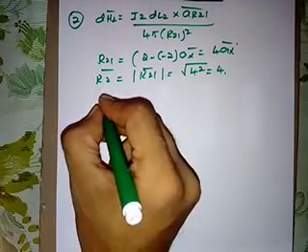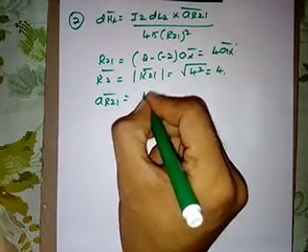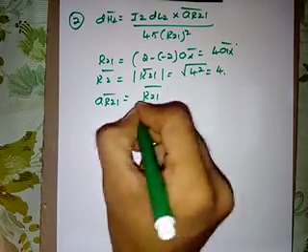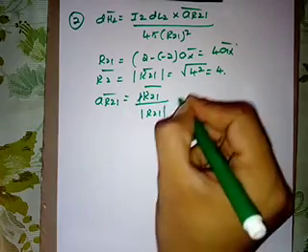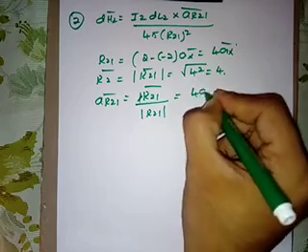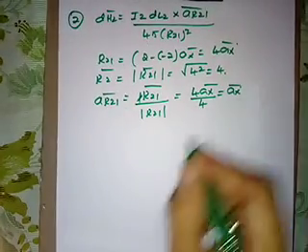Yes. Next, aR21 bar, the unit vector is given by the vector divided by its magnitude, so this will be 4 ax bar divided by 4, that comes out to ax bar.